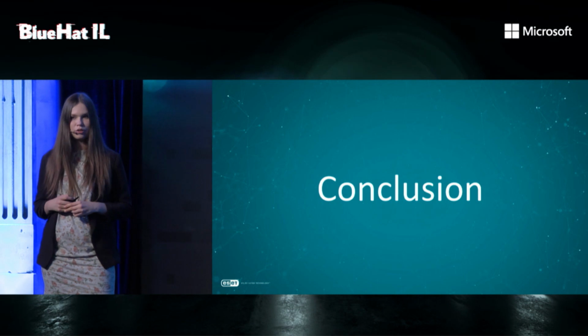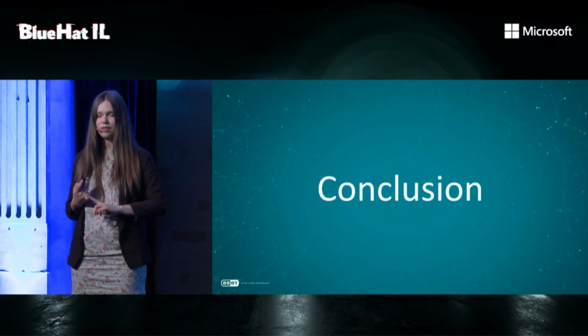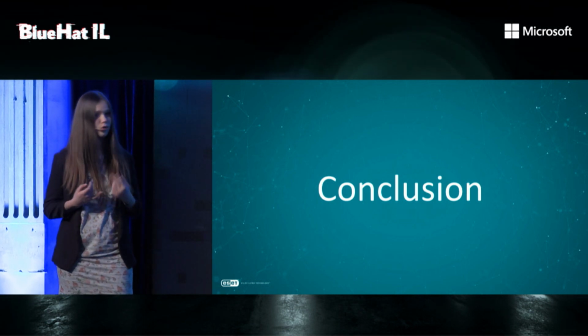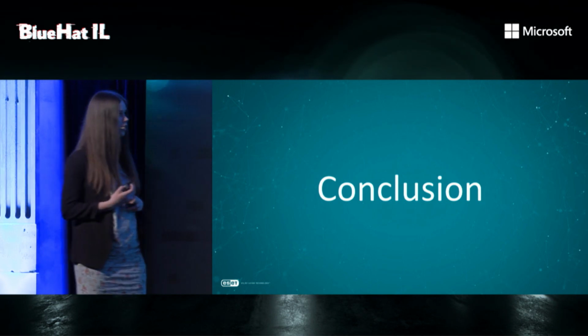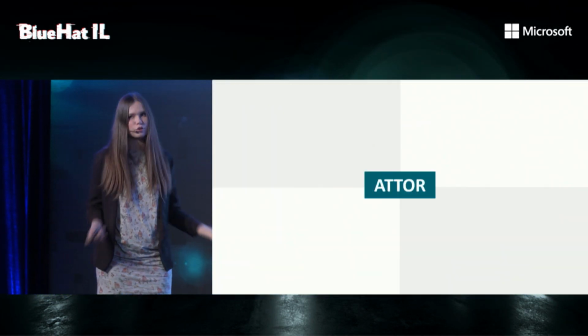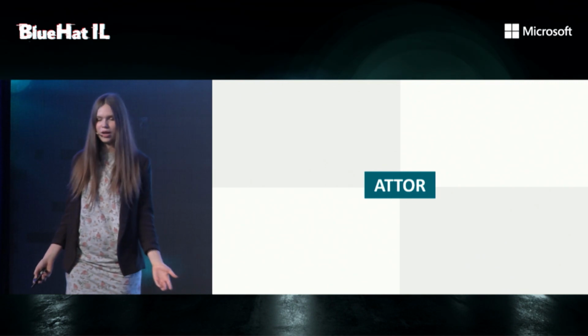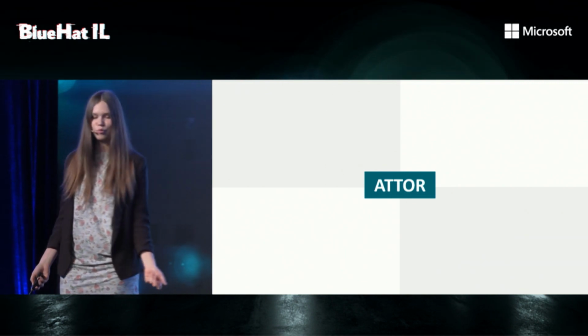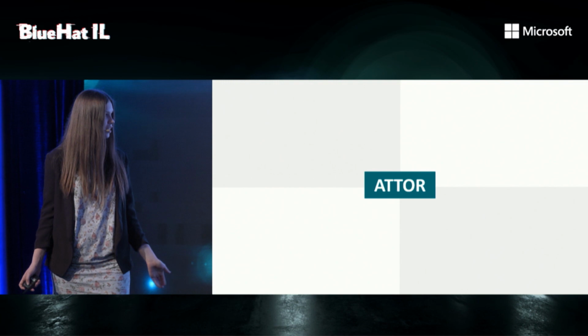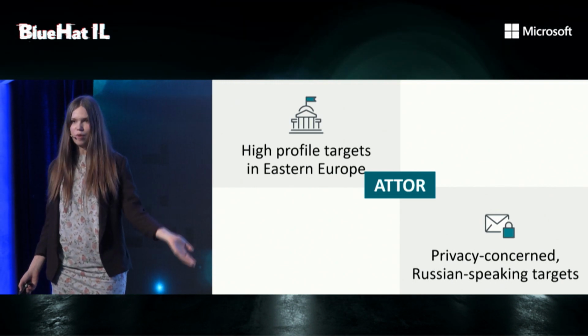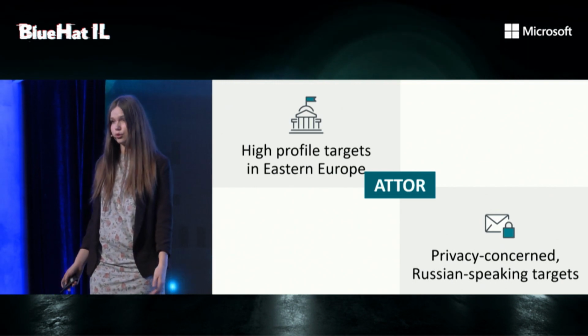So to conclude, we have seen 3 things that I would like to have you take away from today. So first, of course, we were talking about this ATTOR malware, but this is not the most important one. But let me just summarize. The ATTOR malware is targeting 2 groups of users.